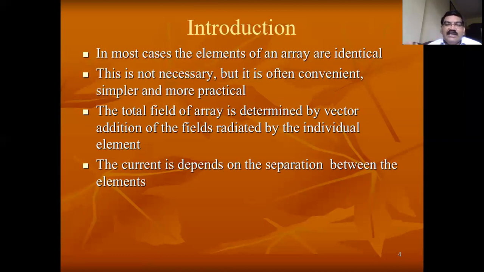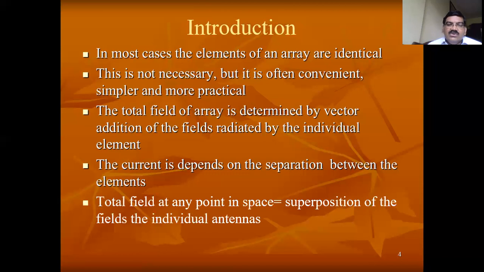Multiple elements are there, so how the elements are separated, what the distance will be, it depends on that. The total field at any point in space is the superposition of the fields of the individual antennas. Means whatever field each individual antenna is transmitting, it is the vector sum of that.